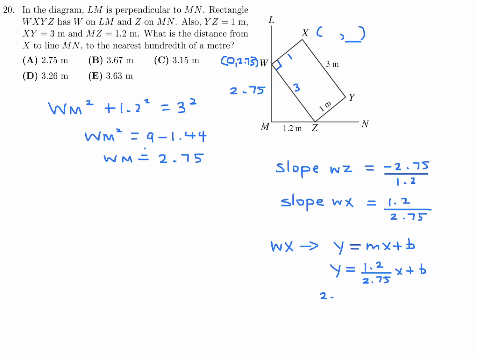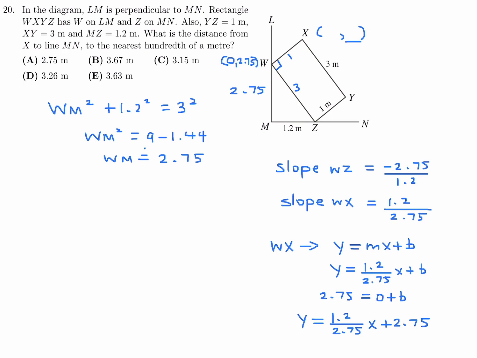So 2.75 is equal to 0 plus b, so therefore b is equal to 2.75. So our equation is y is equal to 1.2 over 2.75 x plus 2.75. Okay, that's the equation of that line. And at this point we have to figure out what is x, meaning what is this coordinate.